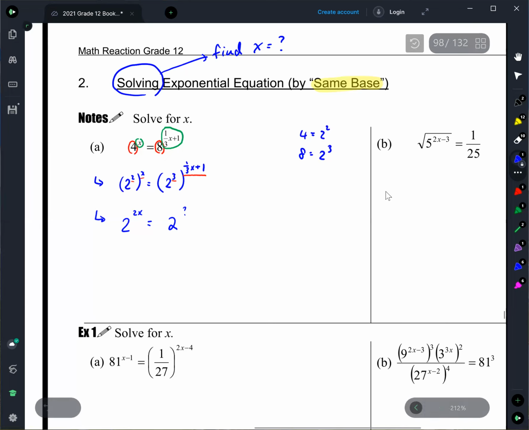Okay, Jocelyn, what's the exponent on the right side? Jocelyn, you need to turn on the mic.